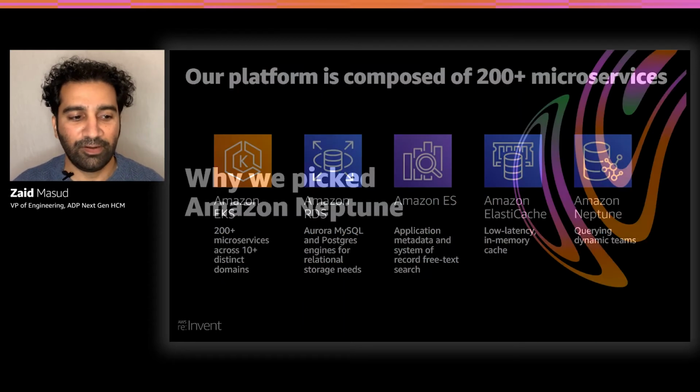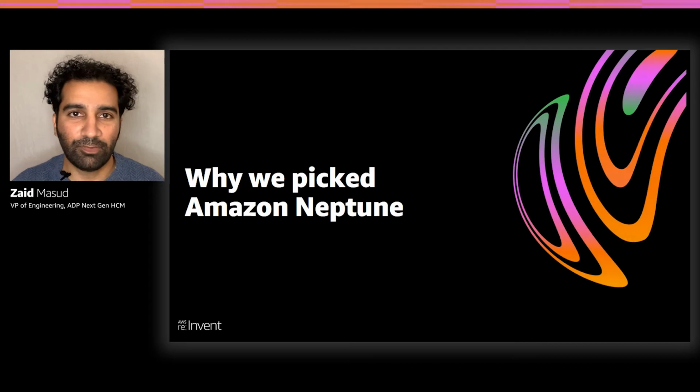With that, I'm going to turn it over to Kuntal to tell you more about why we picked Amazon Neptune and to do more of a deeper dive into our learnings with EKS, as well as show you a demo on how we load data into Amazon Neptune.